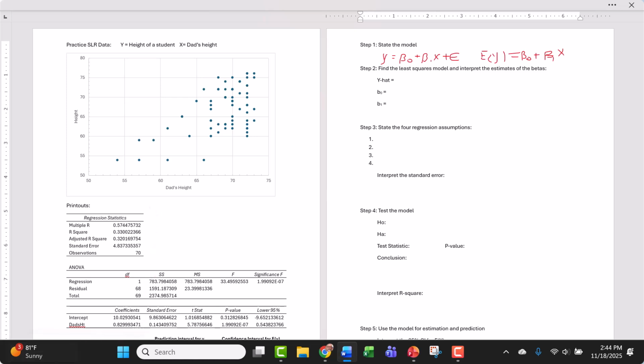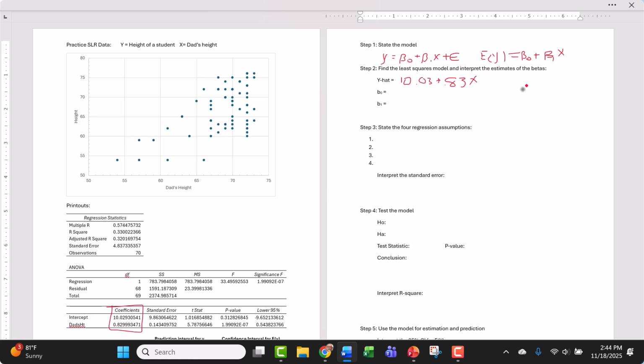We use software, and I'm going to come down here in the software. There are my coefficients. Those are my estimates of the betas. So y hat is equal to, the intercept is 10.03, plus 0.83, I'm going to round a little bit, times x.